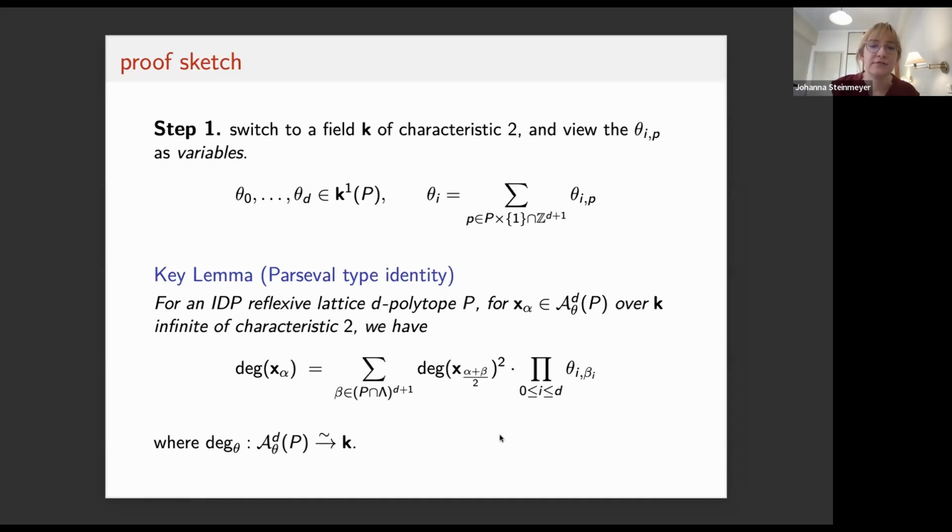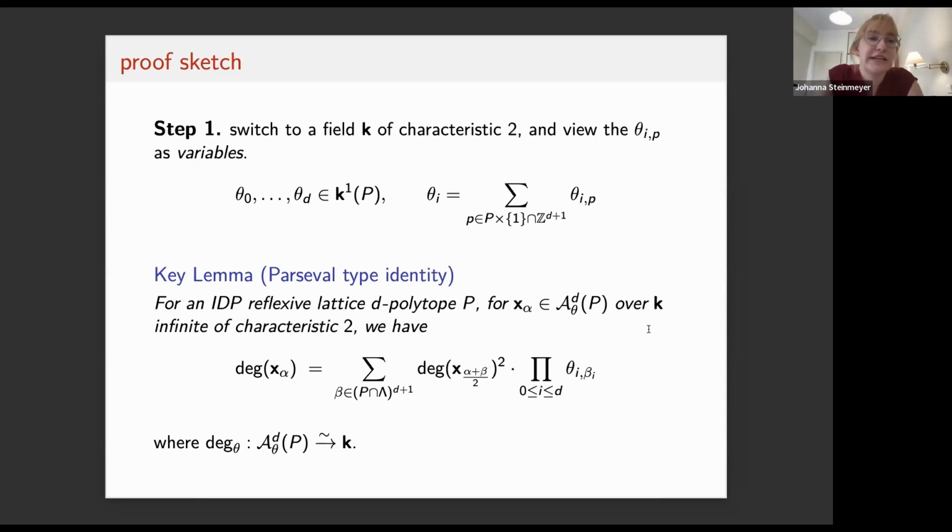And now, if you actually look at it instead as a function in the thetas as variables, it'll be a rational function, I claim.